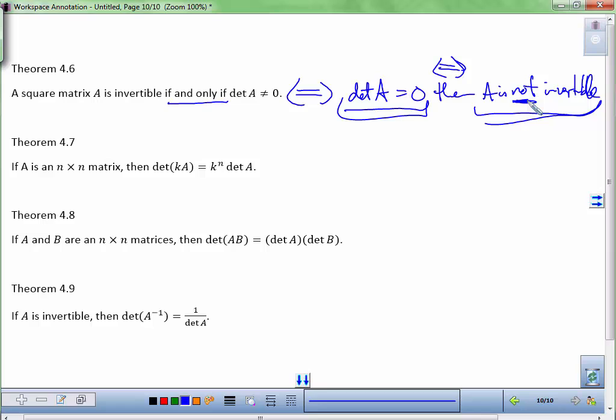So this is an important statement. If you take your matrix and you multiply it by k, all the elements of A get multiplied by k. So k times a matrix, and I'm just going to do it with the identity to make it easy for us.